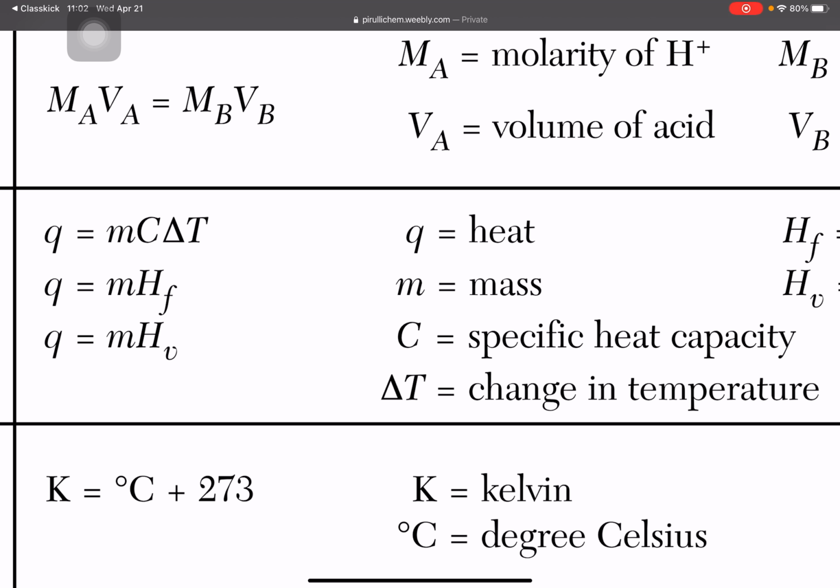Q is heat, M is mass, C is specific heat capacity, and delta T is a change in temperature. So it is not just temperature. It is very important that we are doing the change, not just one of the temperatures.